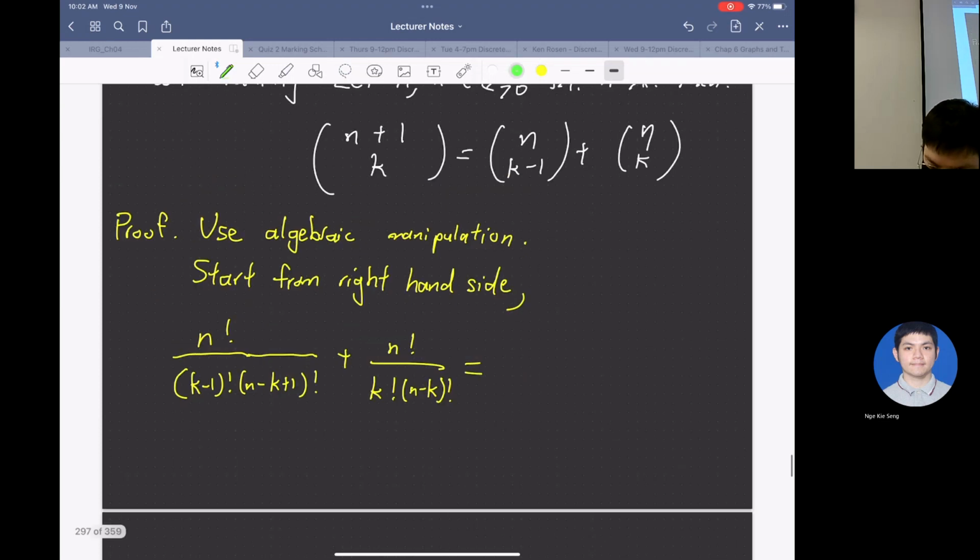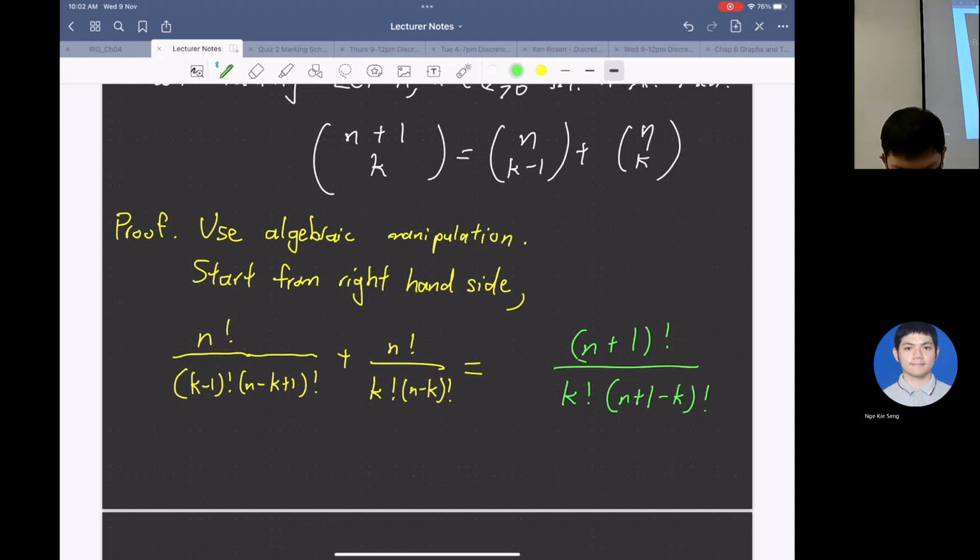What you want to achieve is (n plus 1) factorial over k factorial times (n plus 1 minus k) factorial. Okay, can you see some similarity between these two?